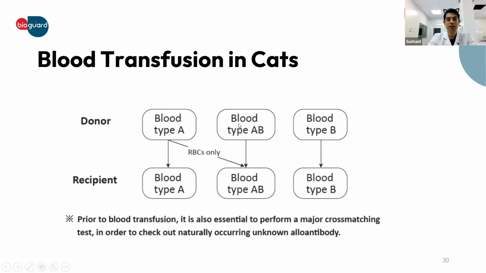However, if the donor is blood type AB, it can only donate to blood type AB, but not to blood type A or blood type B, because it has both antigens on the surface, right? So that's the reason. And blood type B, on the contrary, can only donate to blood type AB, but it cannot receive blood from A because it has anti-A.